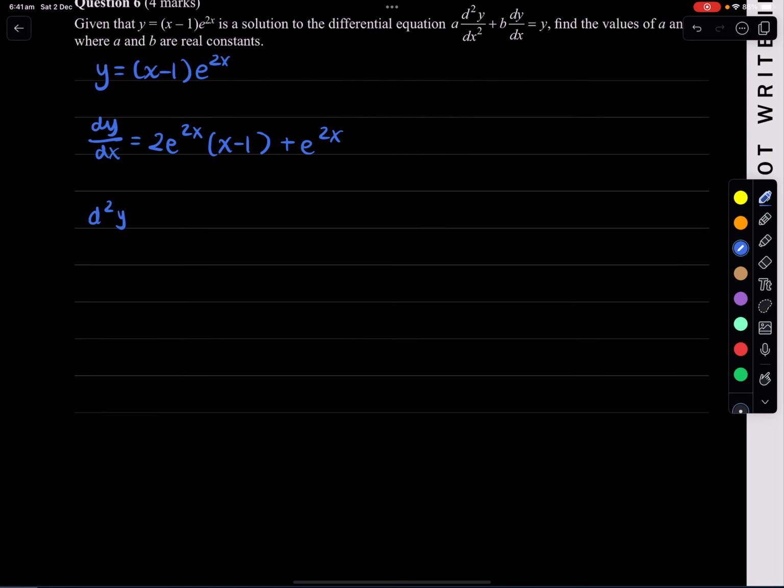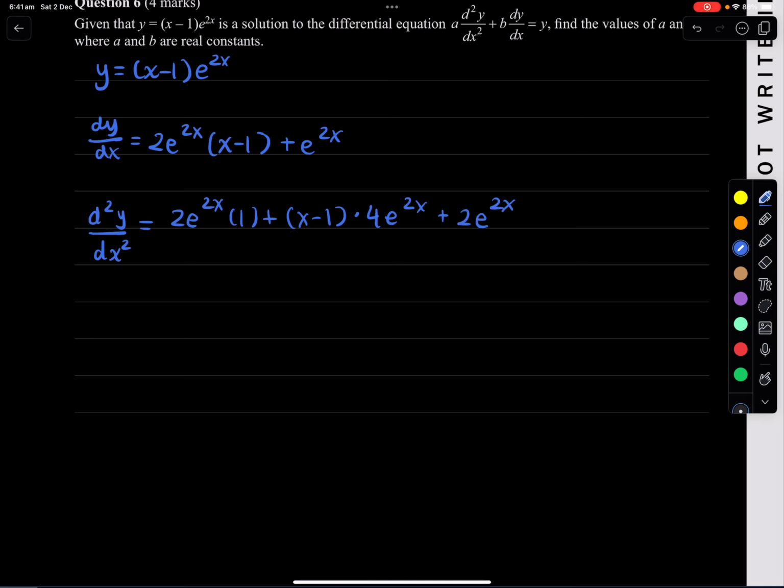Let's find d squared y over dx squared. The double derivative is going to be deriving this. So again, we're using the product rule here. It'll be 2e to the 2x times 1 plus (x minus 1) times 4e to the 2x, and deriving this is just plus 2e to the 2x.